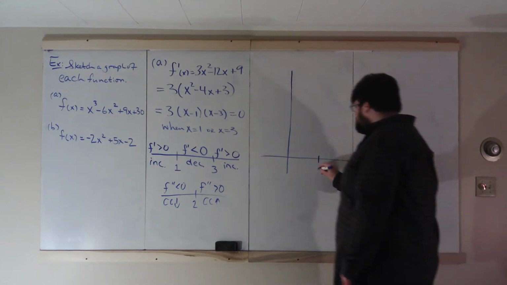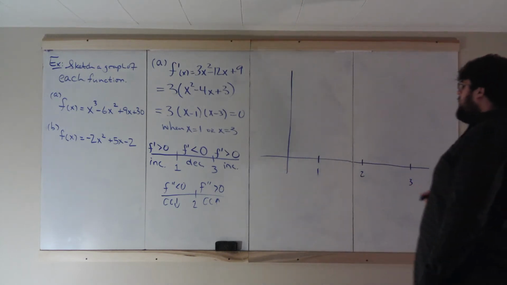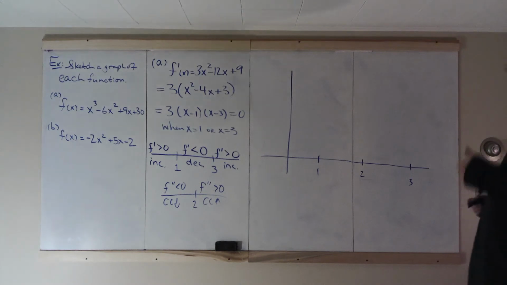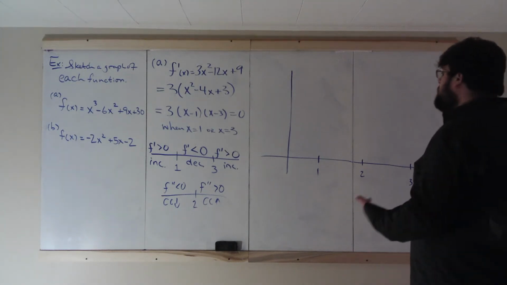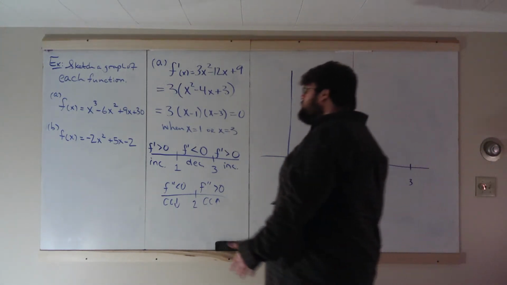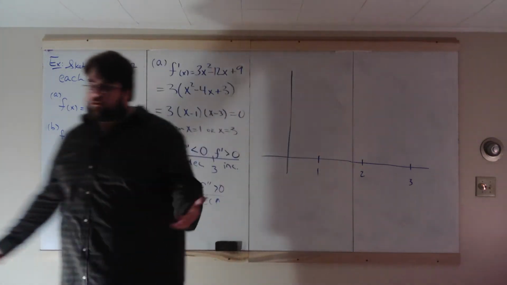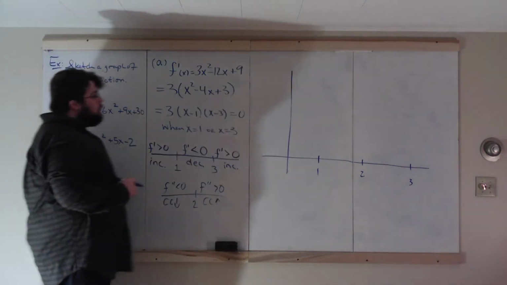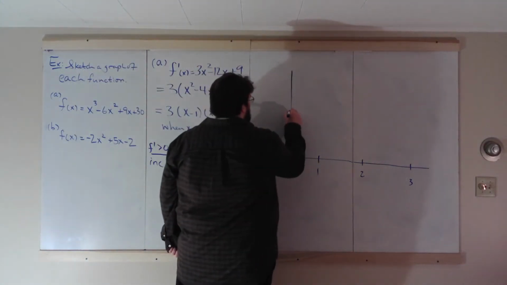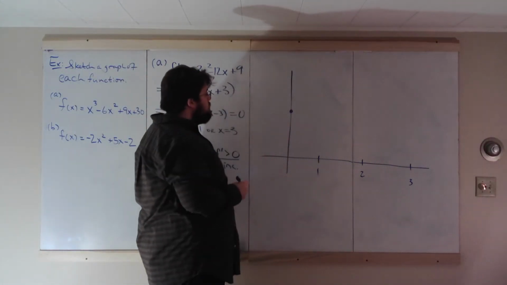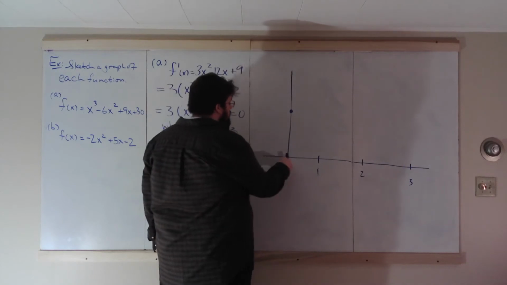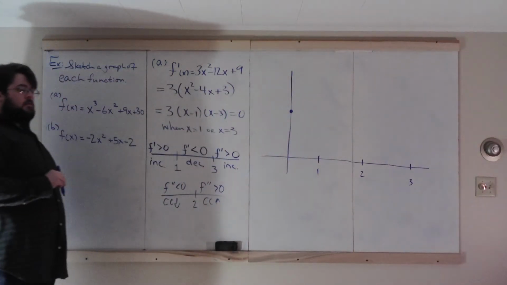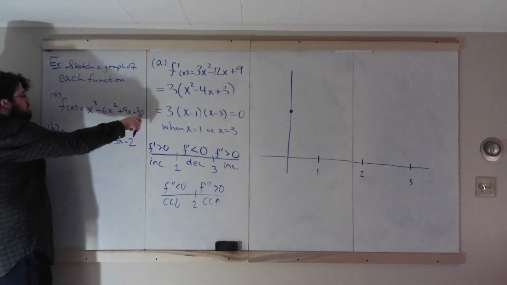Maybe I'll even put numbers this time. One other thing that will help us draw an accurate sketch is the y-intercept. And with polynomials, that's easy enough to find. Substitute 0. Remember, a y-intercept occurs at a point like that. What's the ordered pair for that point? Over 0, up something. x is 0, substitute x equals 0, you get 30.